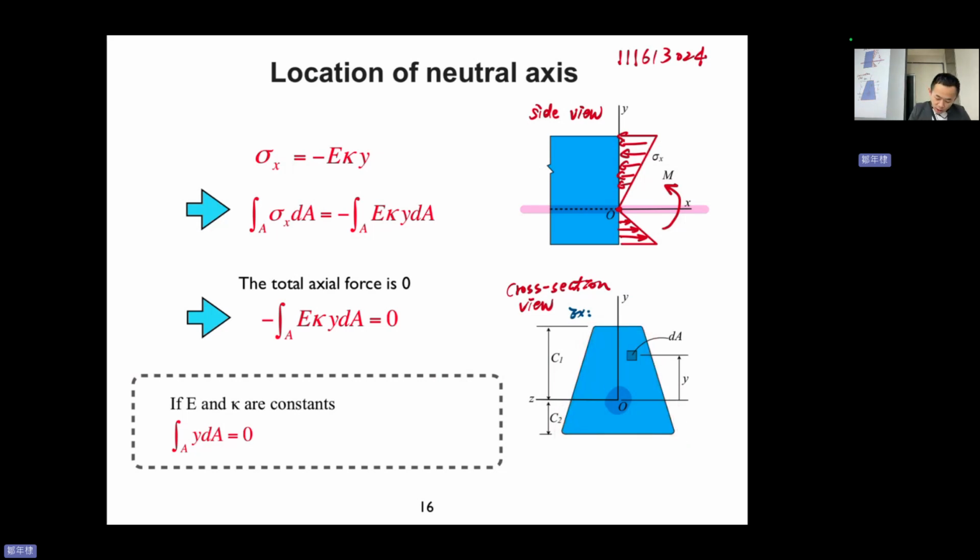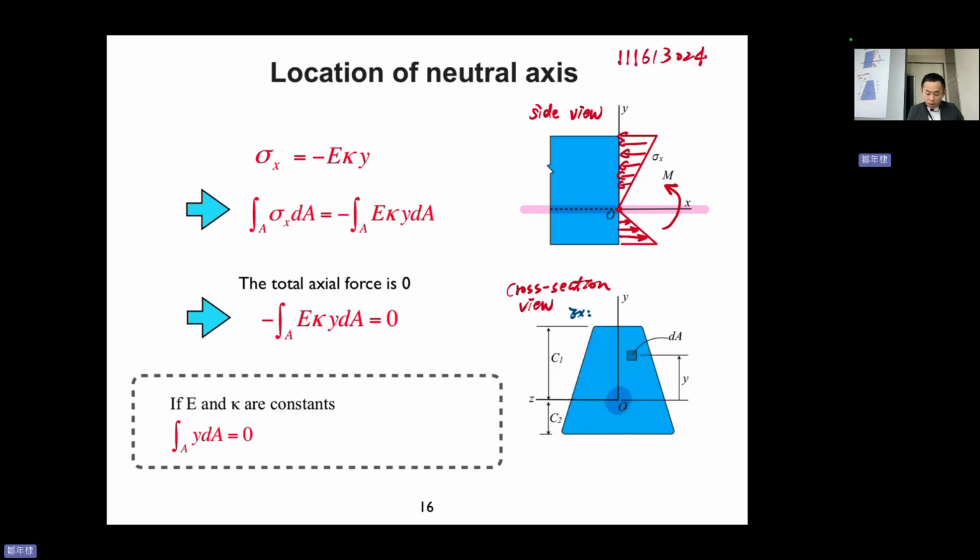You do the integration for dA, sigma x times its own small area, and substitute in here to get this one. This is the force, combining the force here going into the monitor and the force here going toward you.